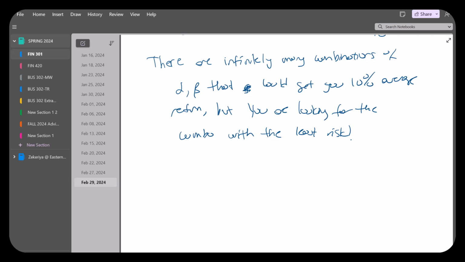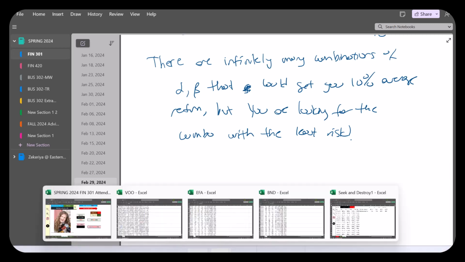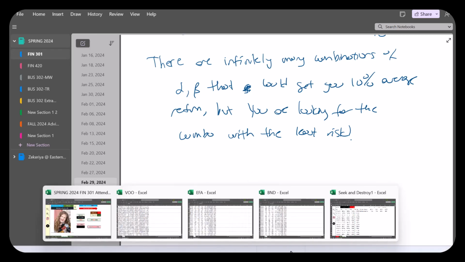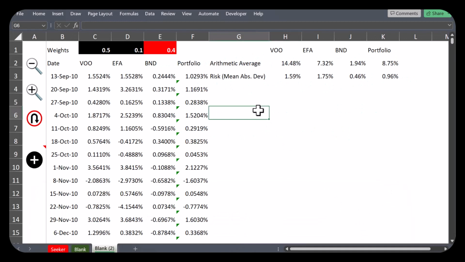So how are we going to solve that problem? Turns out we have an easy way. First and foremost, let's create some cells here. My desired return for each value of that desired return is 10%.